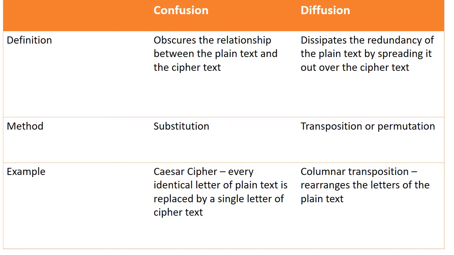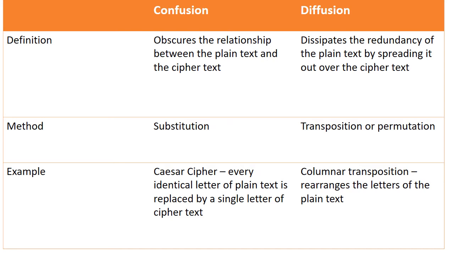This means that the message is changed to a form in such a way that it is hard to find the relationship between the plain text and the ciphertext. This is achieved by the substitution method. An example of substitution method is a Caesar cipher, where every letter in the message is replaced by the next third character in the English alphabet.